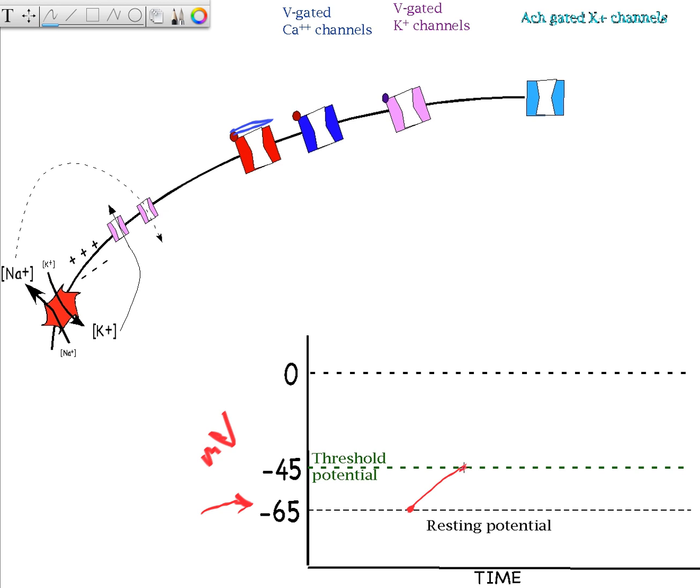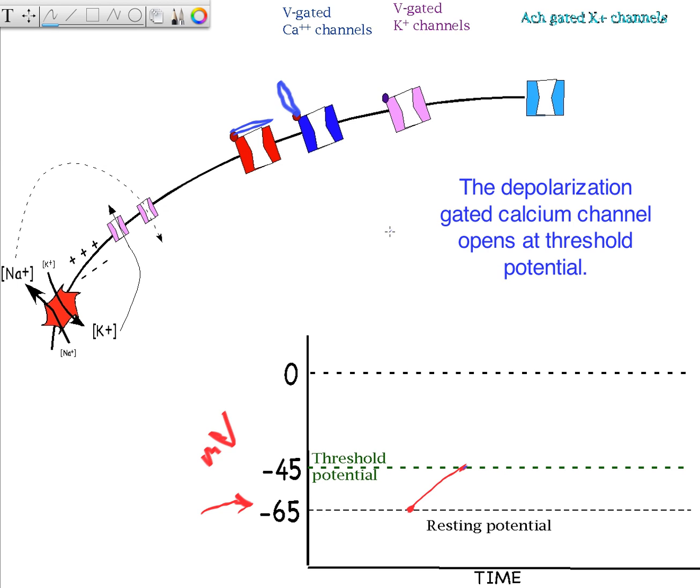When you first reach threshold, however, another voltage-gated channel, the voltage-gated calcium channel, is going to open. And it's going to let calcium in. Remember that there is another pump that animal and plant cells have that makes sure that the calcium is continually being sent out of the cytoplasm.